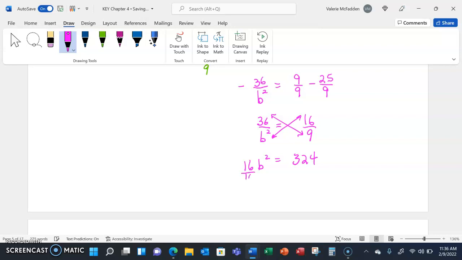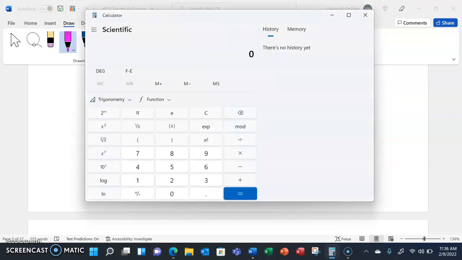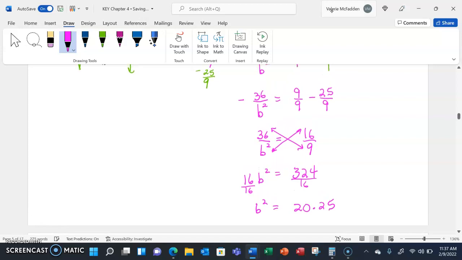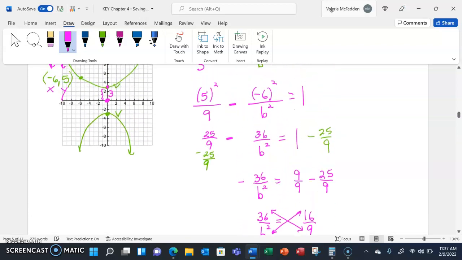Now we'll divide by 16 on both sides, so we have 324 divided by 16, and that gives me 20.25. So b squared, which is what I need, is 20.25.